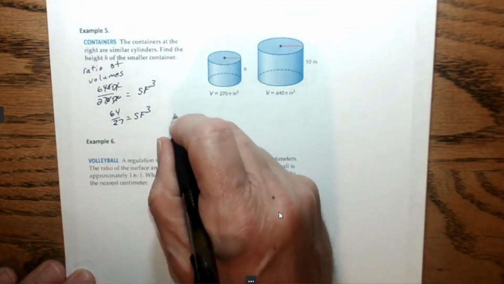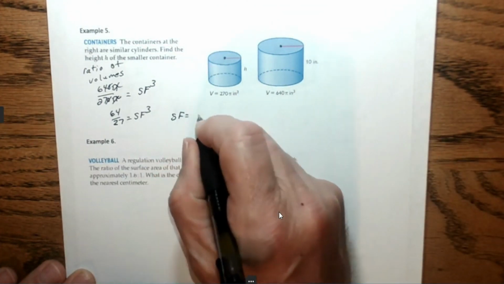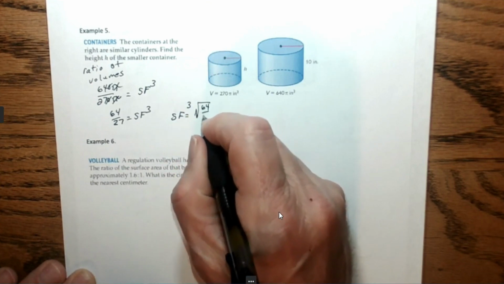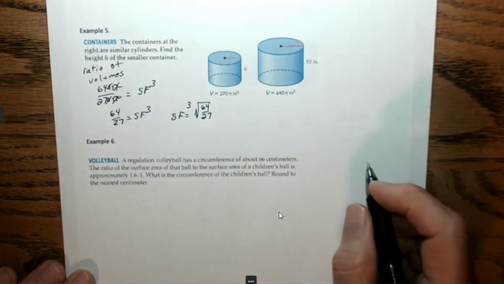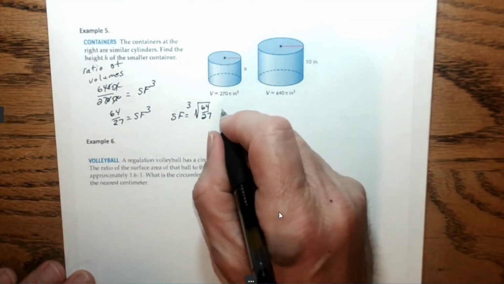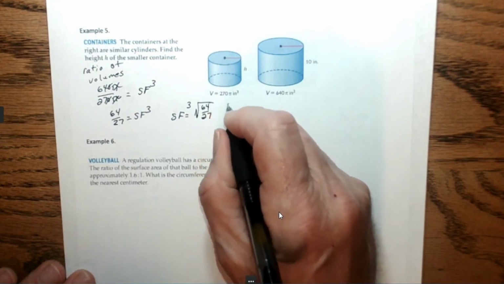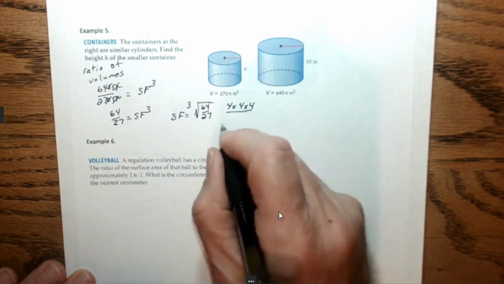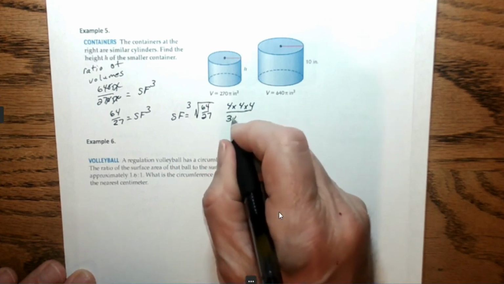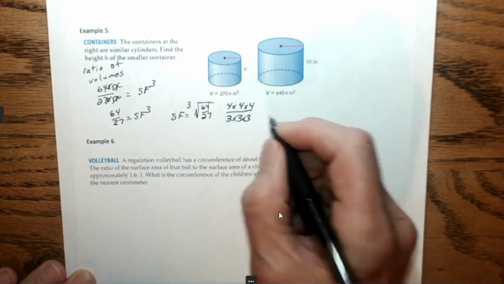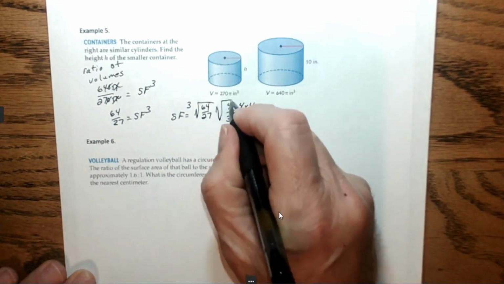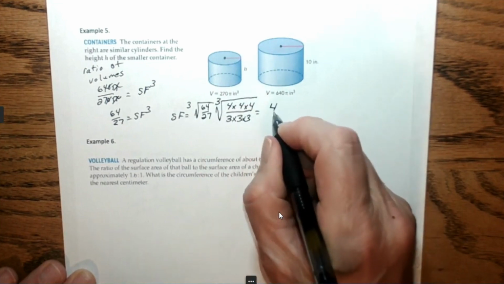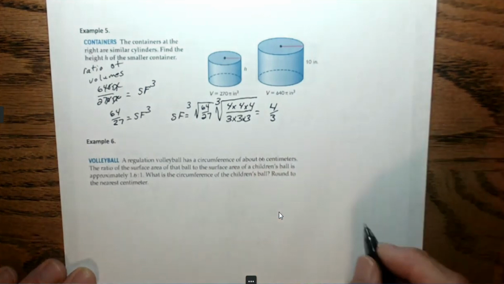So our scale factor is the cube root of 64/27. All right, well, let's factor these real quick, and we'll find that 64 is 4 times 4 times 4, and 27 is 3 times 3 times 3. Well, that's a pretty convenient number, and when we take that cube root, it just comes out to 4/3. And that's our scale factor.